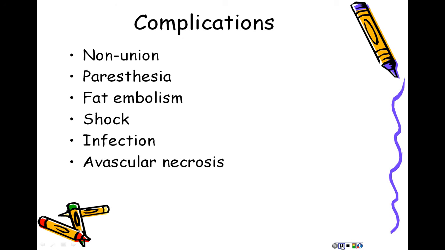Fat embolism. Fat embolism is a problem that we typically see when a person has a break in the long bones, such as the femur. It can also occur with the ribs, the tibia, and the pelvis. Anytime we see embolism, that is not a good thing.